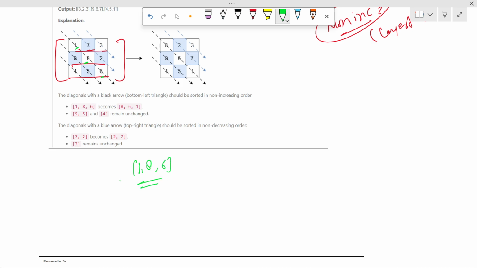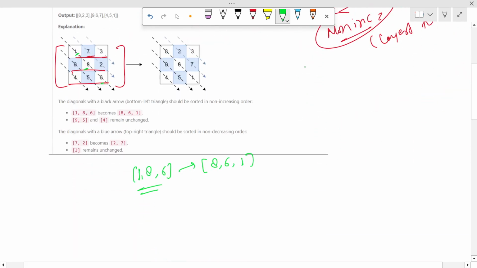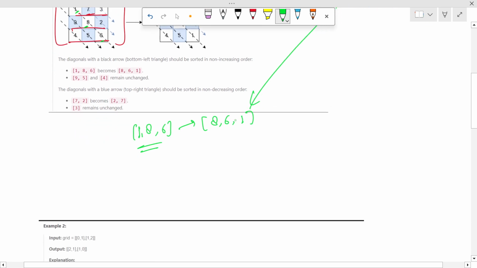We have to sort 1, 8, 6 in descending order, that is non-increasing order, and the descending order is 8, 6 and 1.